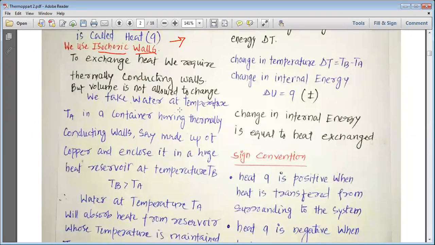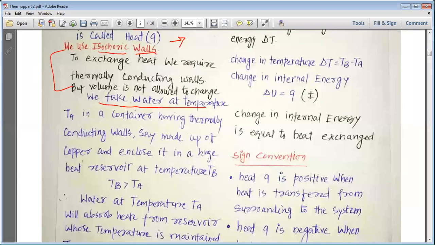If volume changes, that means work is done, and in that case we do not exchange the energy without expenditure of work. So when you increase the energy by keeping the volume constant, it is known as heat. Please remember, it is an important concept, my dear students.